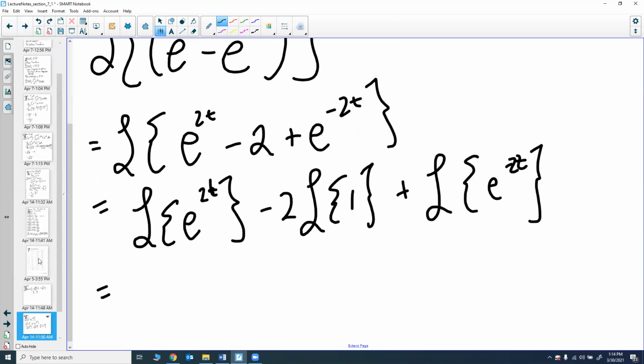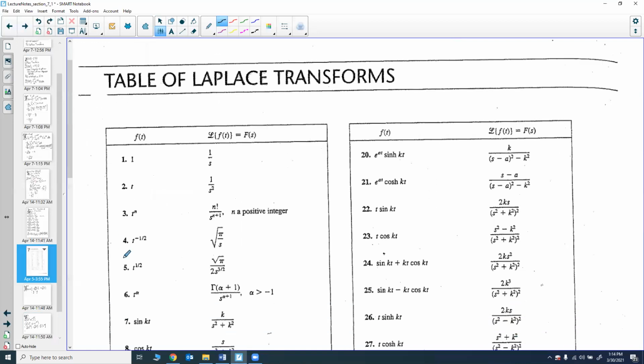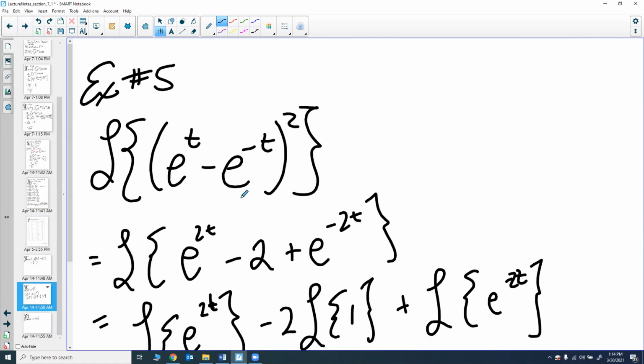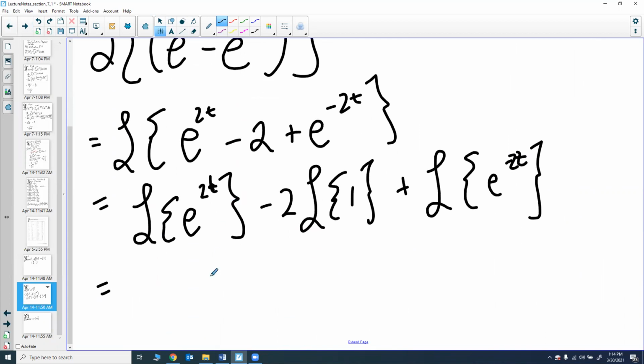Going back to my table, the Laplace transform of e to the at, in this case it's number 11, is 1 over s minus a. So all we have to do is figure out what a is. A in this case is 2.